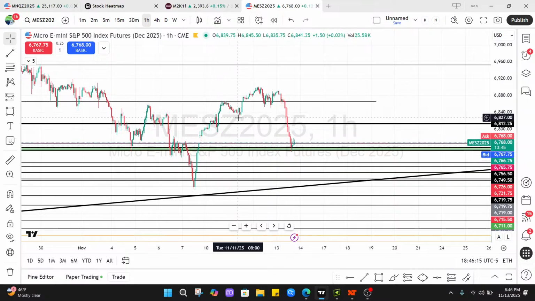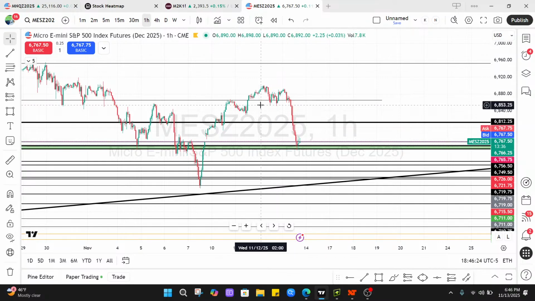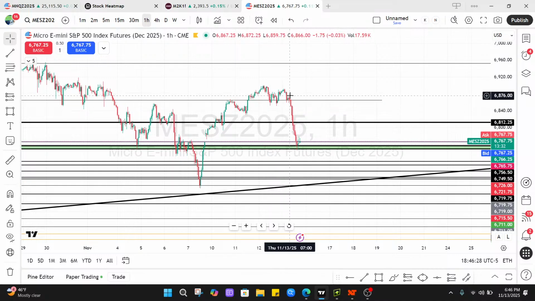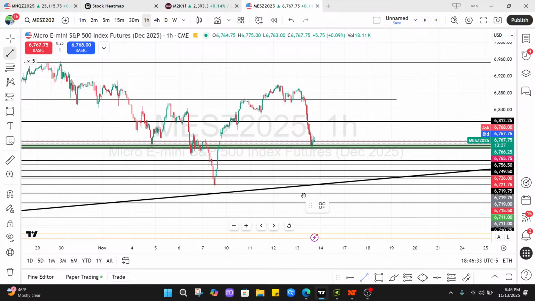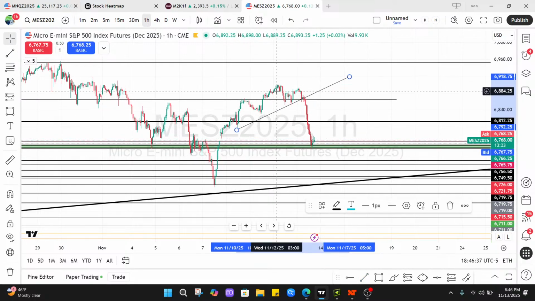We have the Tuesday lows right over here at the 6830s, and then we have the Wednesday lows right over here at the 6850s, and then Thursday it broke down. I mean, yeah, that's beautiful, but that's after the fact. I didn't see it because I was not looking at ES at all today, right? We'll just keep that for maintenance.